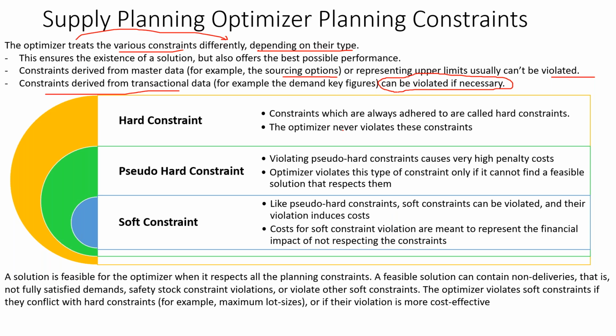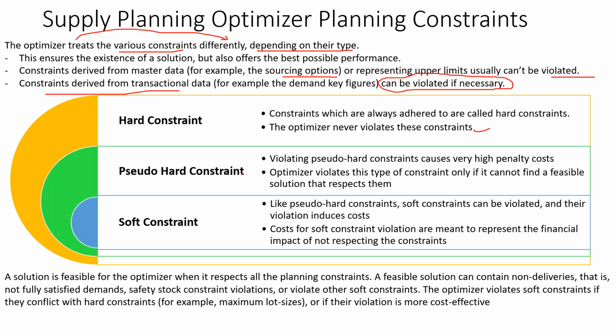Now let's get into every constraint and see in detail what a hard constraint is. Constraints which are always adhered to are called hard constraints, and the optimizer never violates these constraints. That's the crux of the hard constraint. Next category, pseudo hard constraint.